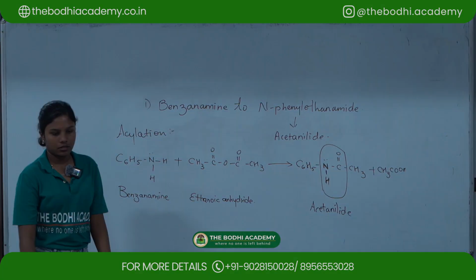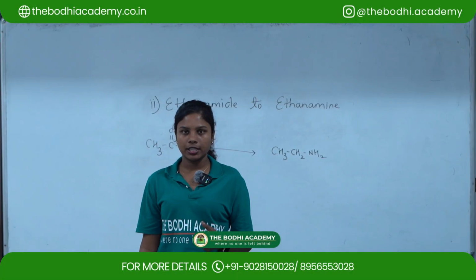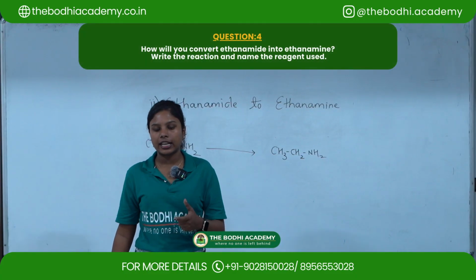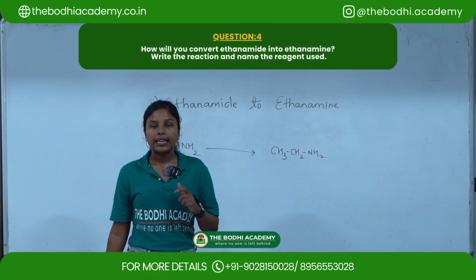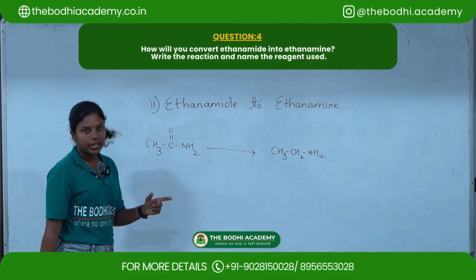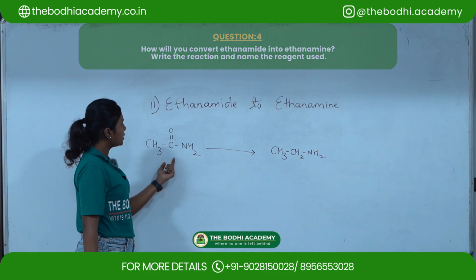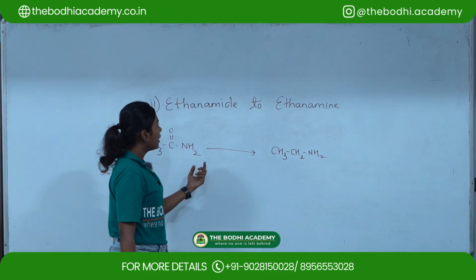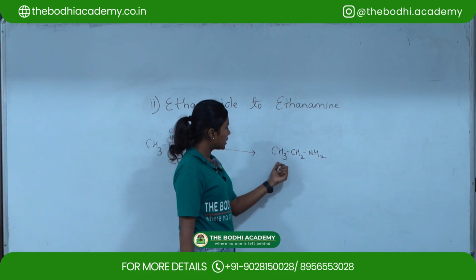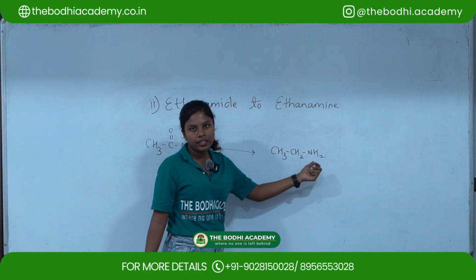Okay. In the next part, which is the continuation of the same question, we have another reaction, that is convert ethanamide to ethanamine. Here we have ethanamide, which has CH3, C double bond O, NH2. We have to reduce it to CH3, CH2, NH2.